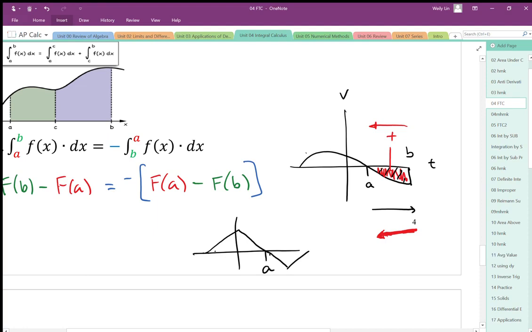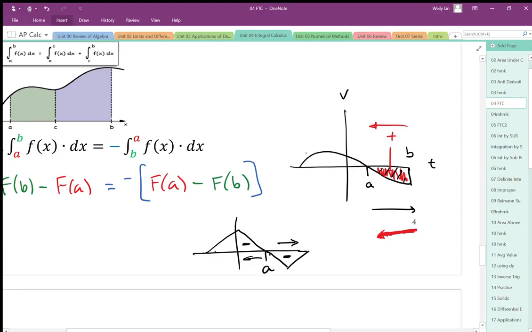We're just going to have some arbitrary starting point A here. In this direction, this would be negative, right, going this way. If I go in this direction here, this would also be negative. Okay, it's going to be the opposite of whichever direction I'm starting at.